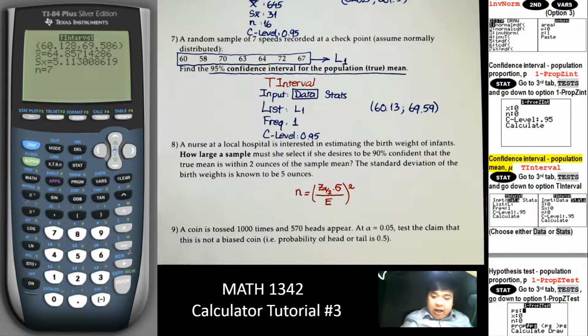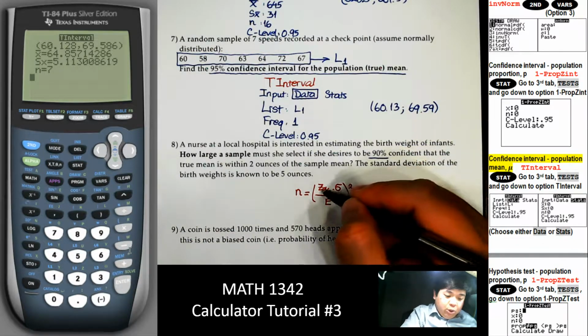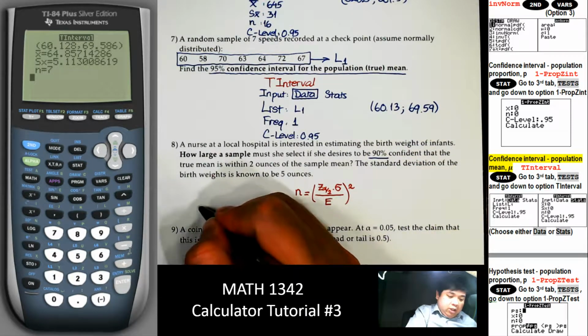Once again, this one is 90%. We need to use that to find the alpha over 2.